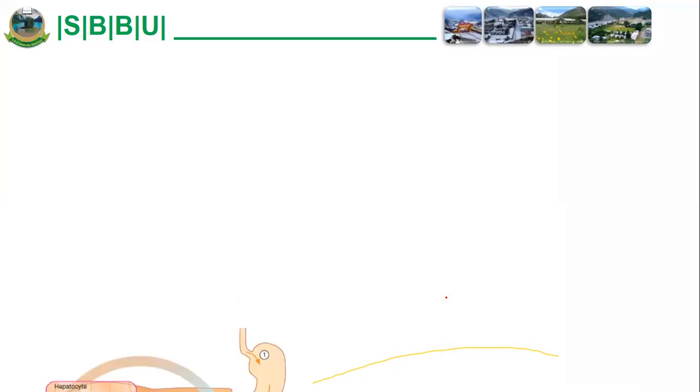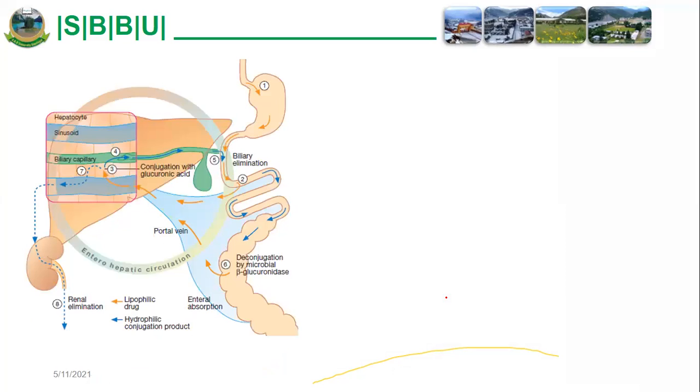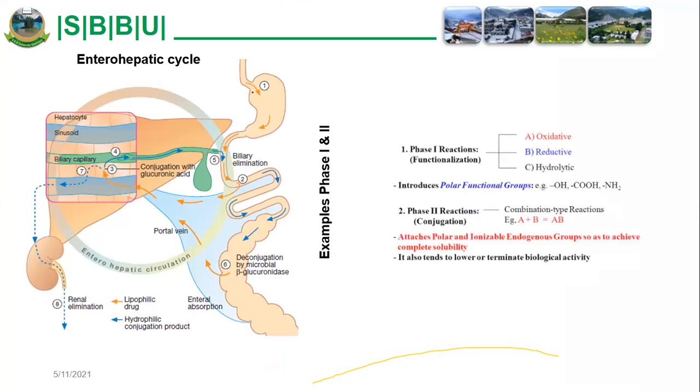Similarly, you can see this is the whole metabolic process, the enterohepatic cycle, and let me just explain this one. The drug enters the stomach. The biliary elimination you can see from here. Again, the drug may be absorbed into the liver for conjugation, and phase 1 and phase 2 reactions may occur.